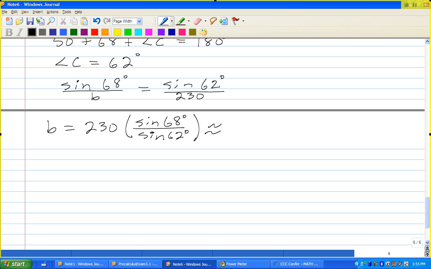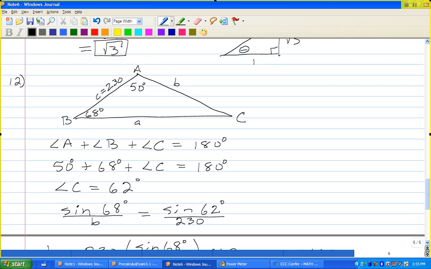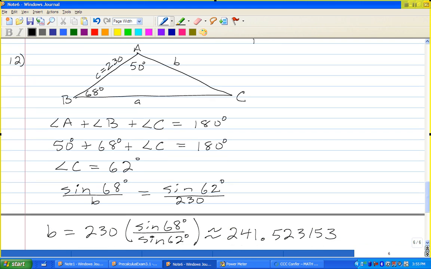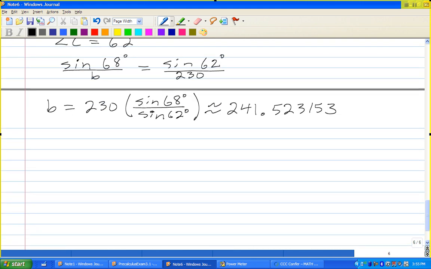So let's see, 68 degrees, 62, times 230, approximately 241.523153, approximately. Okay. So that I have everything but A. Okay, so let's figure out A.